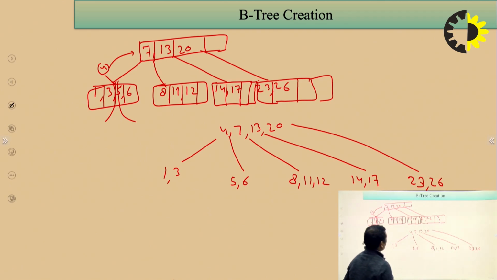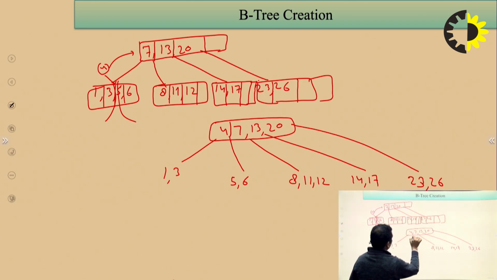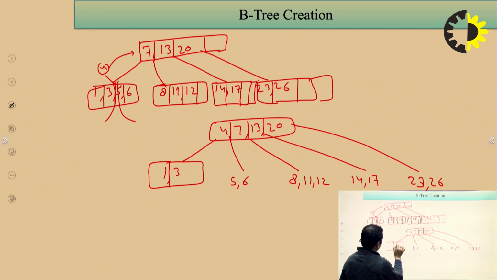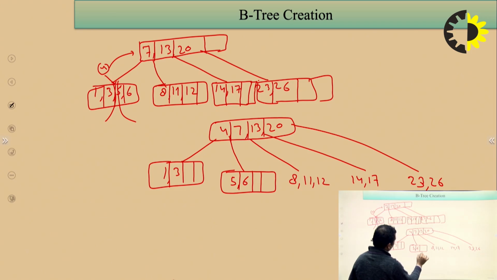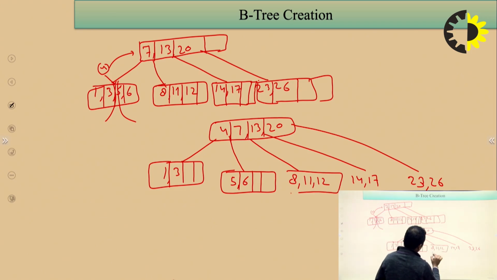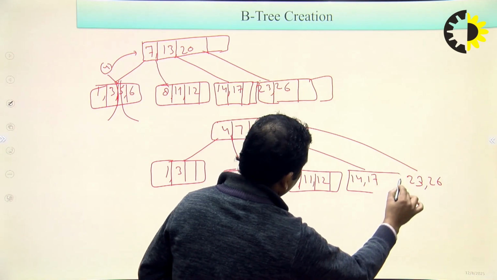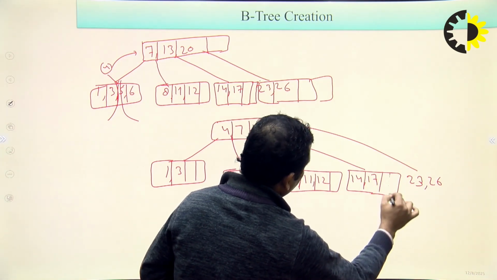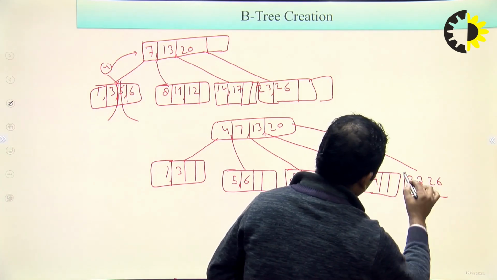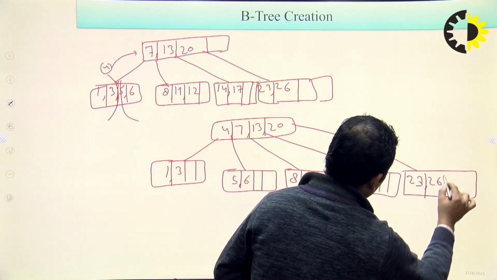Now we can make this as 4 rooms. 4 rooms means the holding capacity of a particular node is 4. This is 4, this is 4, and the holding capacity for this is also 4.